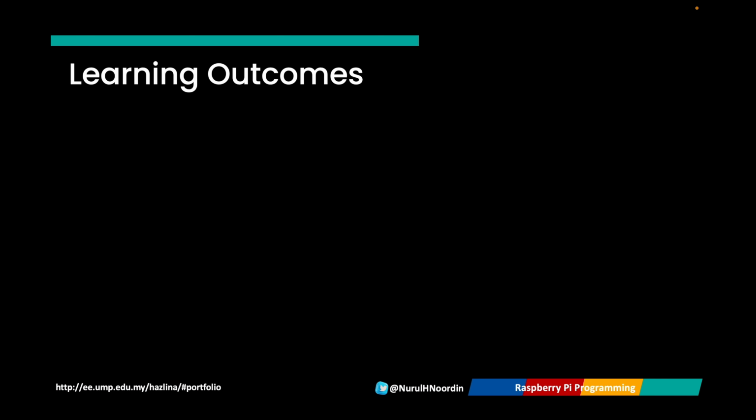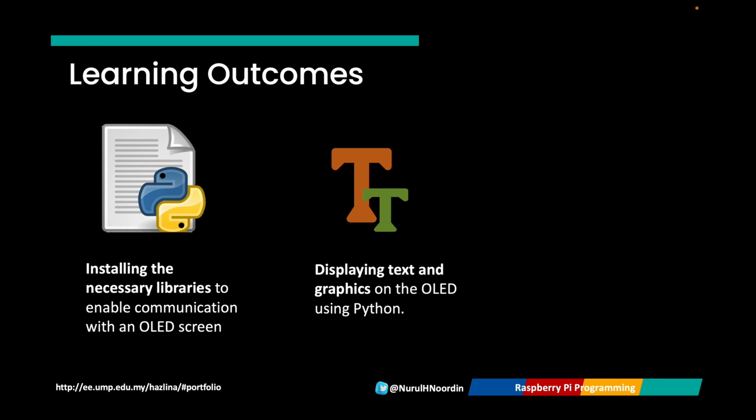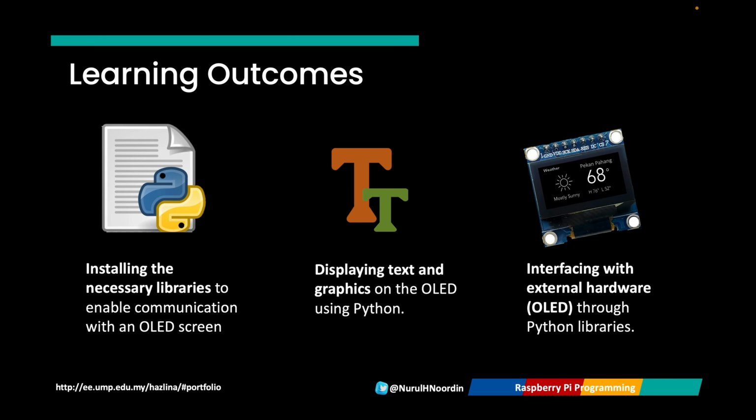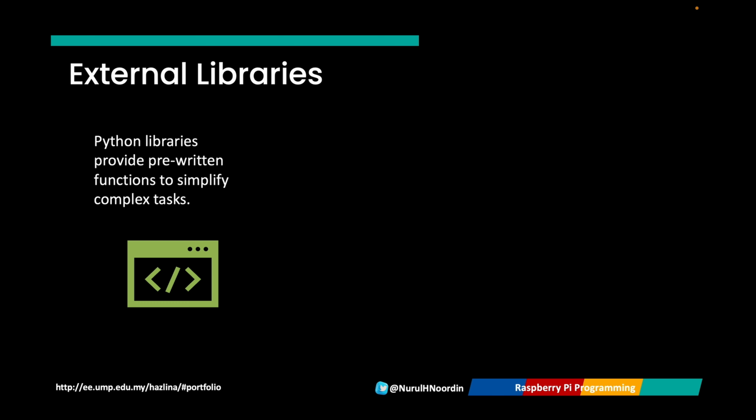Throughout this module, we will cover installing the necessary libraries to enable communication with an OLED screen, displaying text and graphics on an OLED using Python, and interfacing with external hardware through Python libraries. In Python, external libraries are pre-written code modules that help us perform specific tasks without writing everything from scratch.